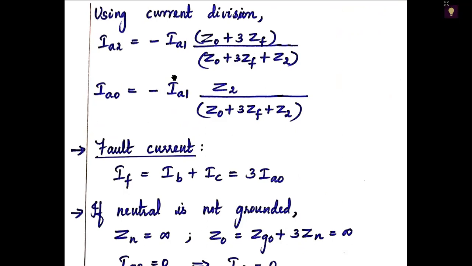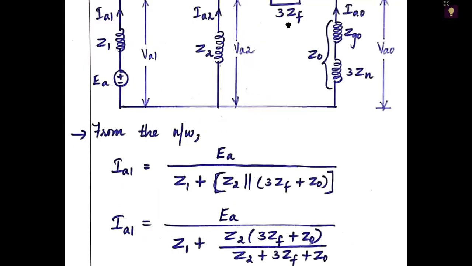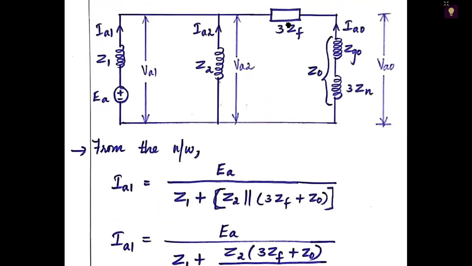IA0 is equal to the total current IA1 into the impedance of the branch which is parallel to the zero sequence branch, which is Z2, divided by the sum of the impedances of the two parallel branches, that is the zero sequence impedance branch as well as the negative sequence impedance branch. And we take these current expressions as negative because it would be positive only if IA1 is equal to IA0 plus IA2.